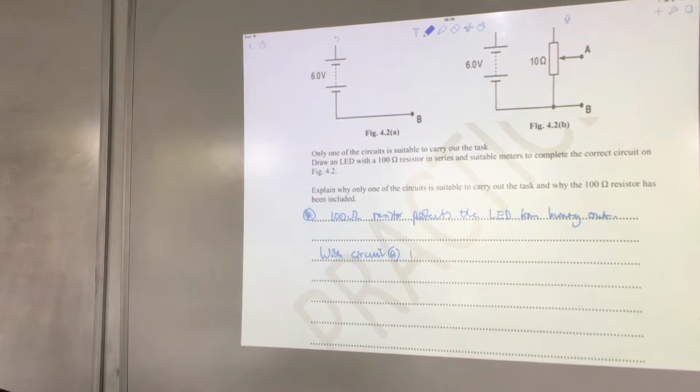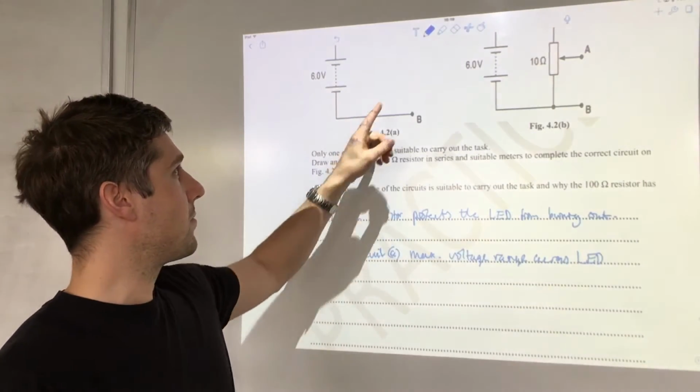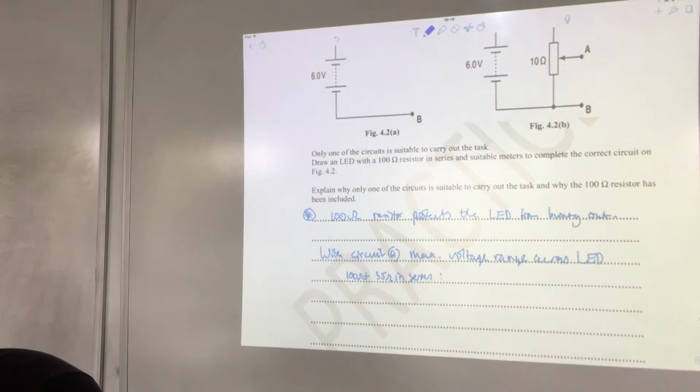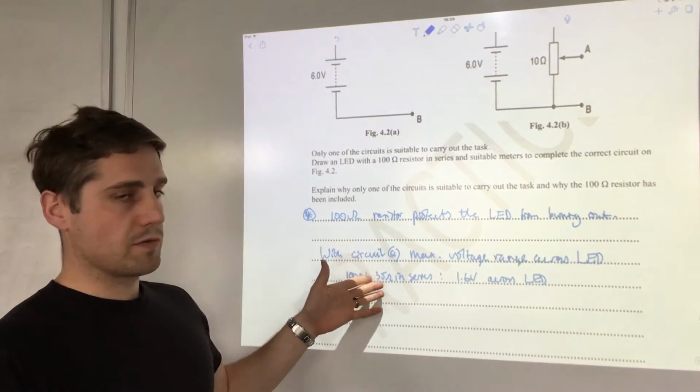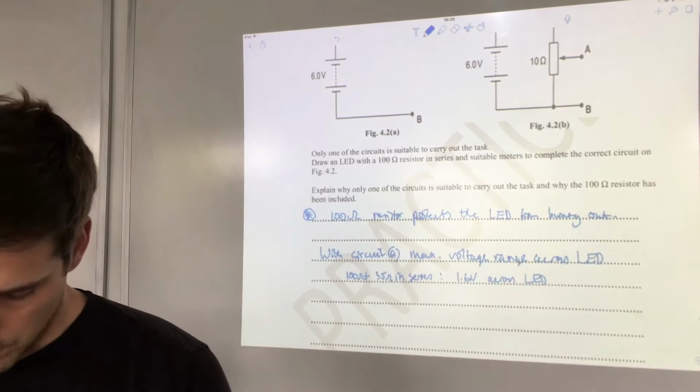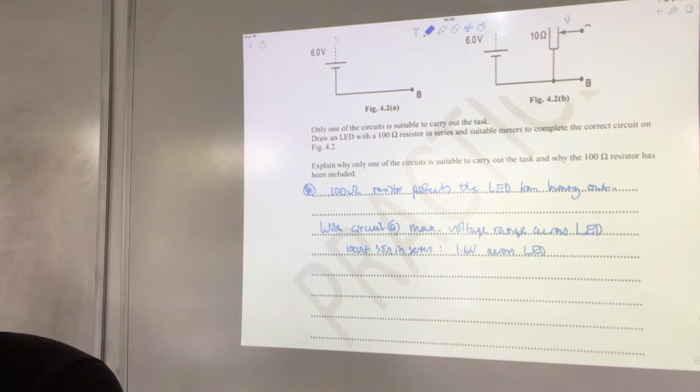With circuit A, the max voltage range across the LED. If the variable resistor was at 0, then it would be 135 in series. So we've got 100 ohms and 35 ohms in series. That means that we would get 1.6 volts across the LED. I've used the potential divider equation to work that out because you've essentially just got 2 resistors there that we're interested in.